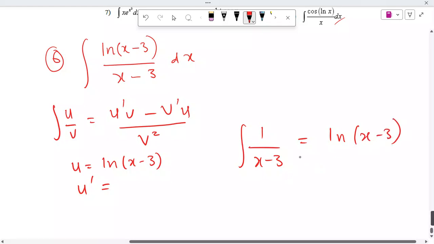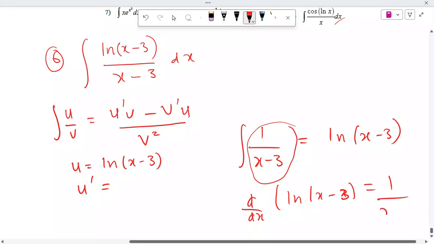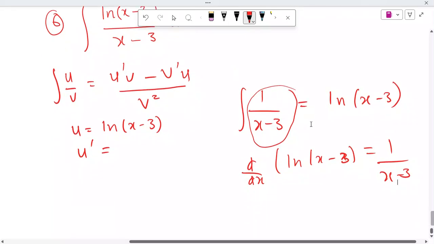So if you differentiate this, it will give you this. It's the opposite. So du dx of the ln function will just be 1 over x minus 3, the opposite of the integration. Integration is telling you that if you differentiate this, it will come back to this. So this will be 1 over x minus 3.